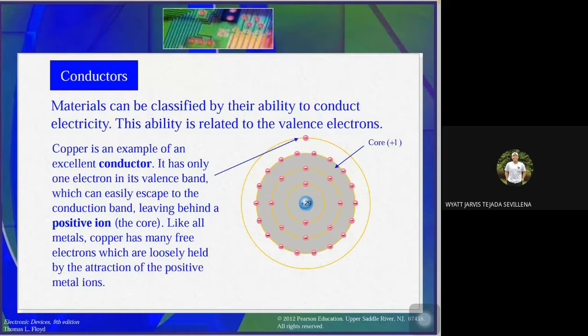Okay, most of the time, we define conductors as those that are good conductors of heat and electricity. But from an atomic point of view, we shall consider conductors as those elements that have very few valence electrons, meaning around 1 to 2.